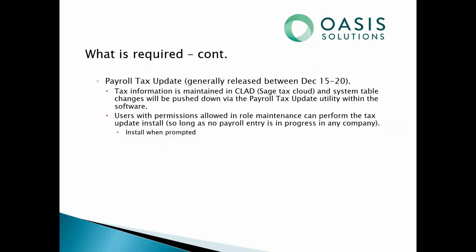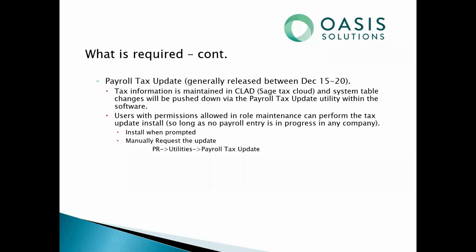So my recommendation is whenever it prompts you, as long as you have permission and as long as you don't have payroll in progress, you should always be allowing those payroll tax updates to be installed. That keeps you up to date on the tax rates and things like that.